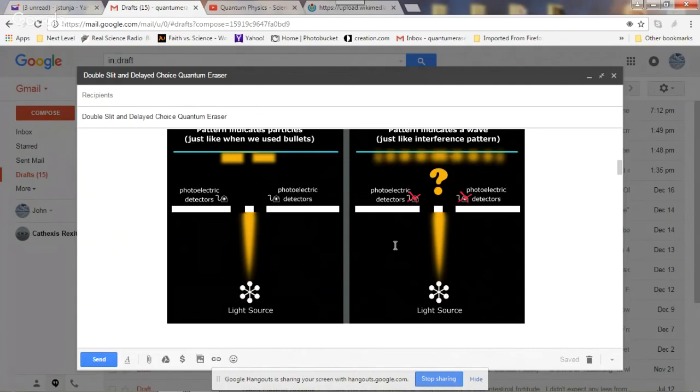He got debunked officially. John Bell came up with his Bell's inequality, which was experimentally verified in the early 70s, and then validated again in 1982 by Alain Aspect. So it was over then. It was over way before that. Yeah.